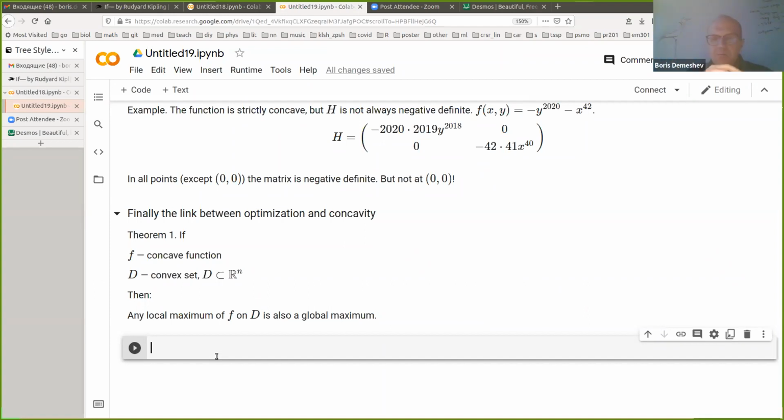I will only state these results. I will not prove them, but we will use them when we optimize. We will not prove them, but if you are strong enough, if you think that your grade is excellent or upper good, then you may try to prove them. This theorem is not too hard. Just apply the definition of a concave function and a convex set.